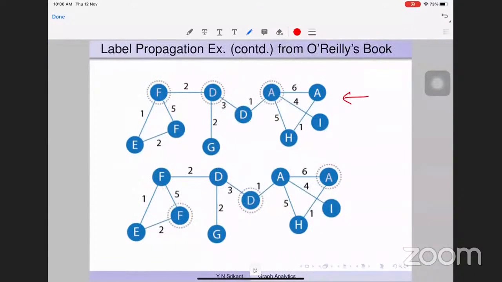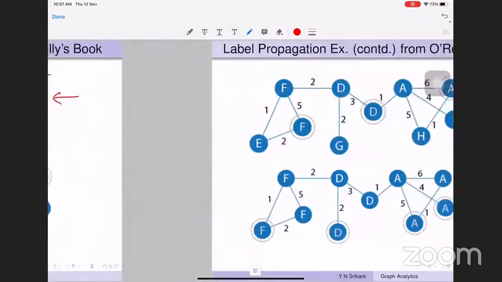And in this, now we are going to consider F, and then this node, and then this node: F, D, and A. The same thing repeats. F looks at its neighbors. Now, this is the most influential edge. So F remains F. There is no need to change anything. Similarly, D looks at D and it remains as D. A looks at A and A remains as A. Label change does not happen in this particular set of nodes.